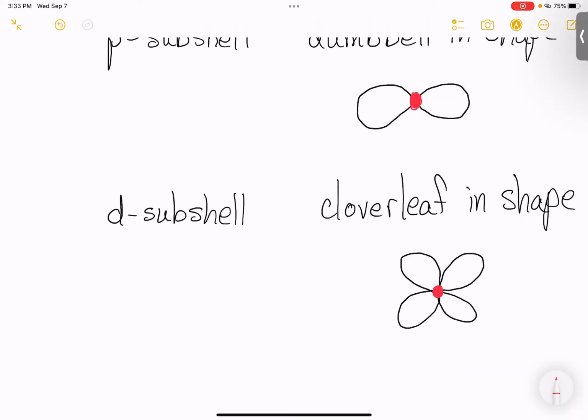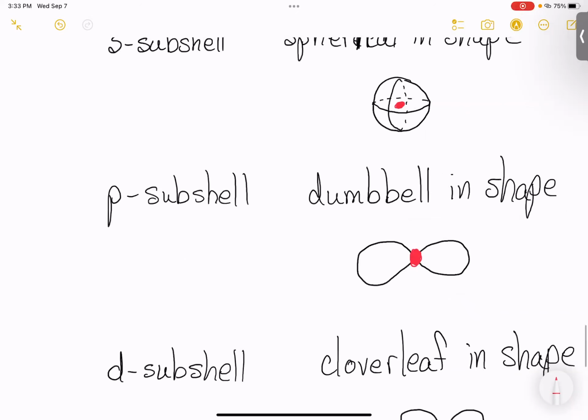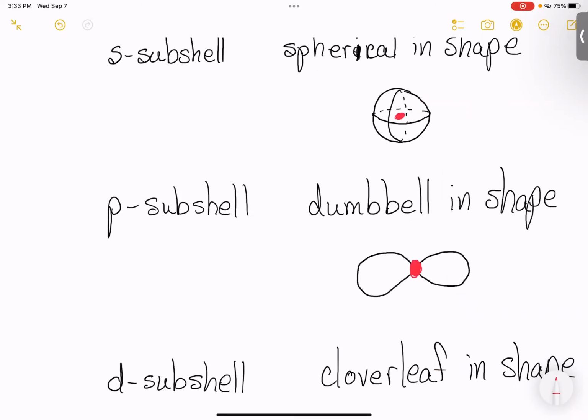Now, I'm not going to go into the quantum number that tells us this. If you want to know, you can come see me and I'll tell you.